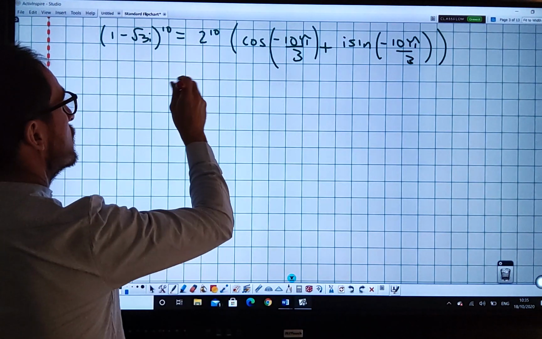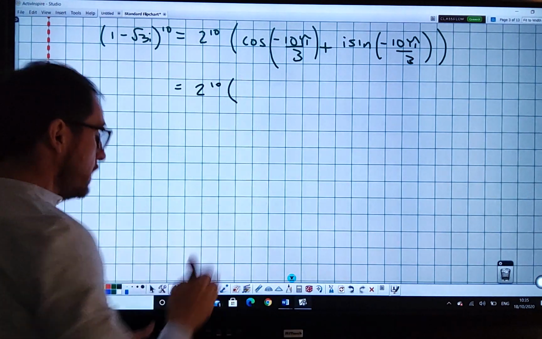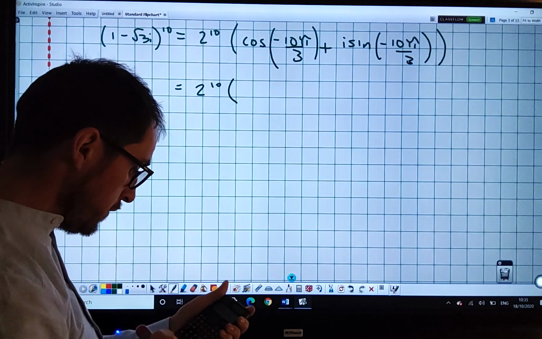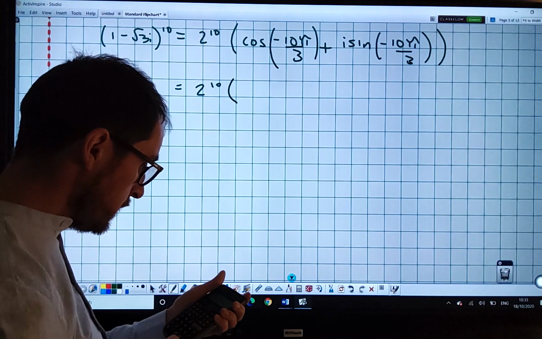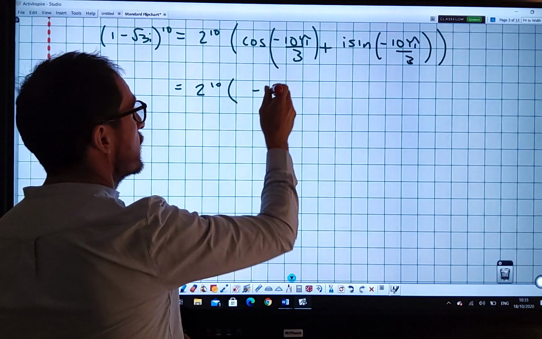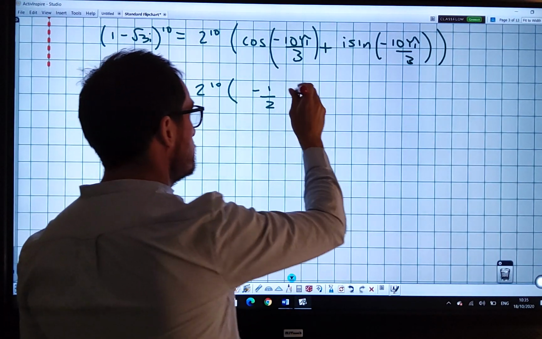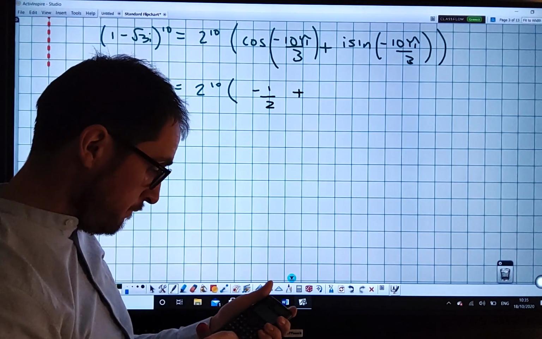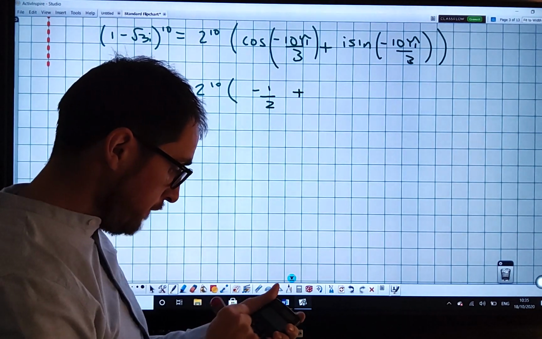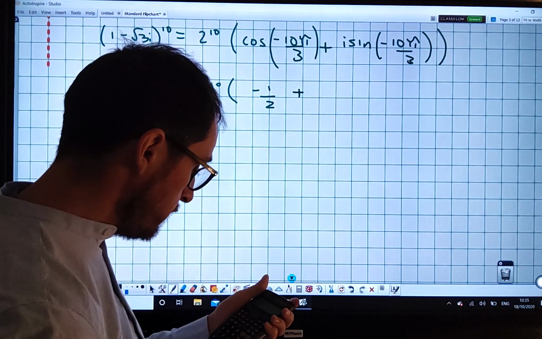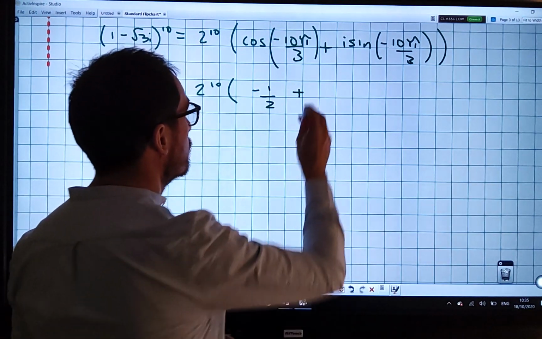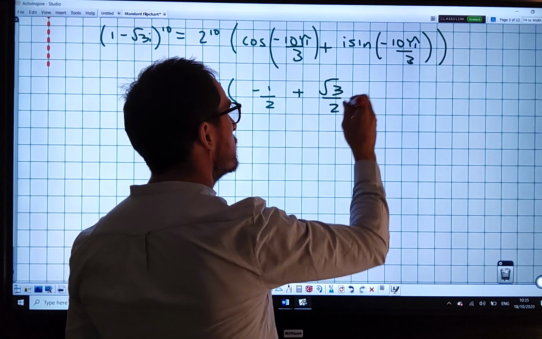Now, cos minus 10 pi over 3, that's equal to minus a half. Now, sine minus 10 pi over 3, and that's equal to root 3 over 2.